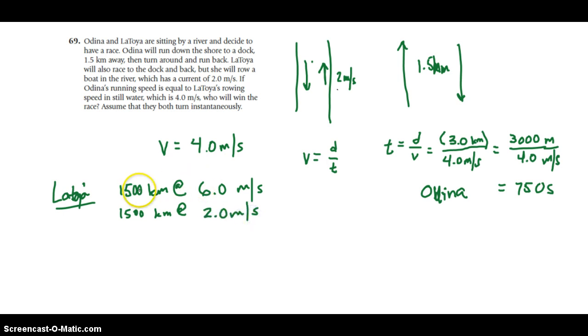So the total time is going to be one leg of the journey plus the other leg of the journey, and we would just find both those times the same way. Take 1,500 for the first leg over 6.0, and for the second leg we have 1,500 over 2.0. This time is going to be 250.